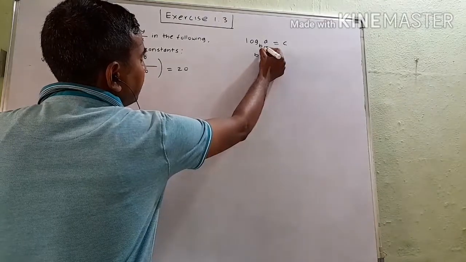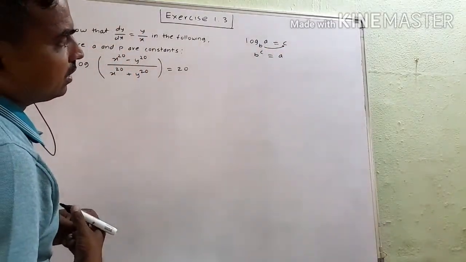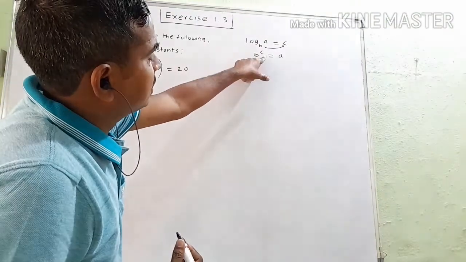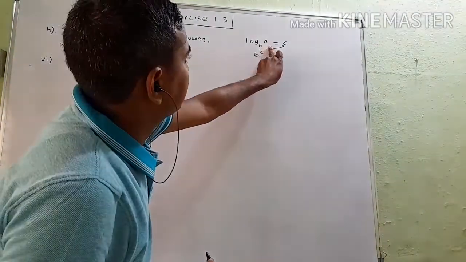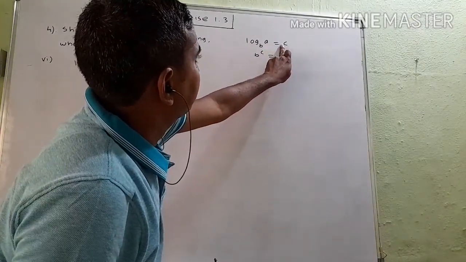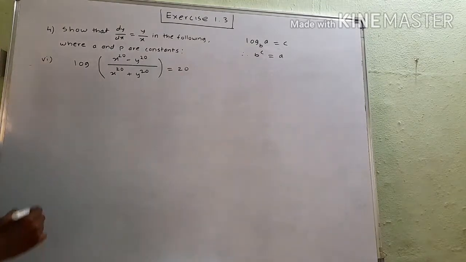Means power of b is c and b raised to c is a. This is the relation between exponential function and logarithmic function. Now we will use this in this example.